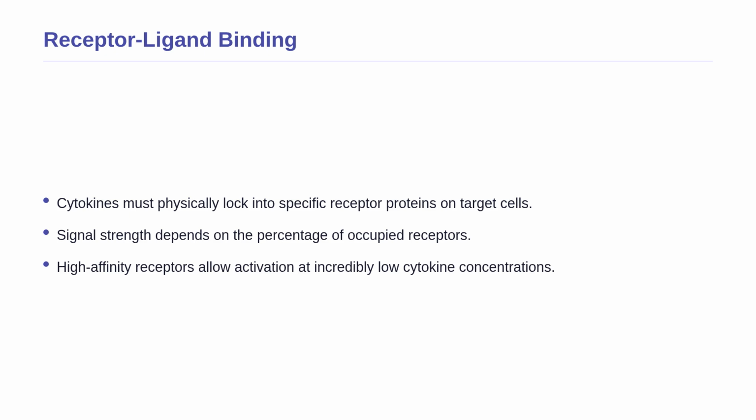The effectiveness of a cytokine signal depends entirely on how many of these receptors are currently occupied by cytokine molecules. Because these receptors have such a high affinity for their specific cytokines, they can trigger massive cellular changes, even when the concentration of cytokines in the fluid is incredibly low. To truly understand this, we need to look at the mathematics behind it.